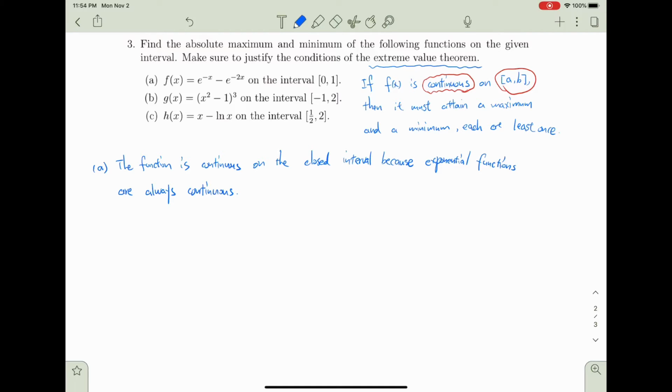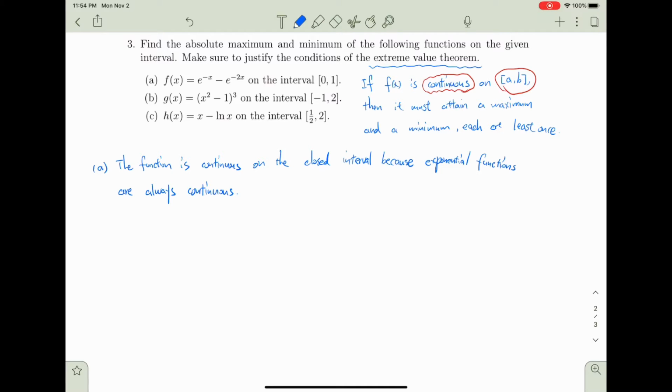To find the critical numbers, we need to be mindful that there are two kinds. One kind is where the derivative is equal to 0, and the other kind is where the derivative does not exist or is undefined.